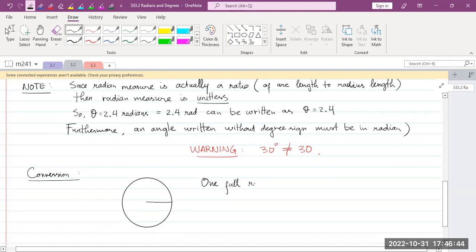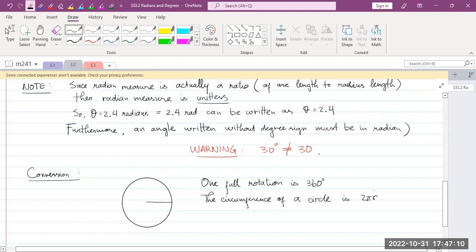One full rotation is 360 degrees. But at the same time, the circumference of a circle with radius r is 2 pi r.